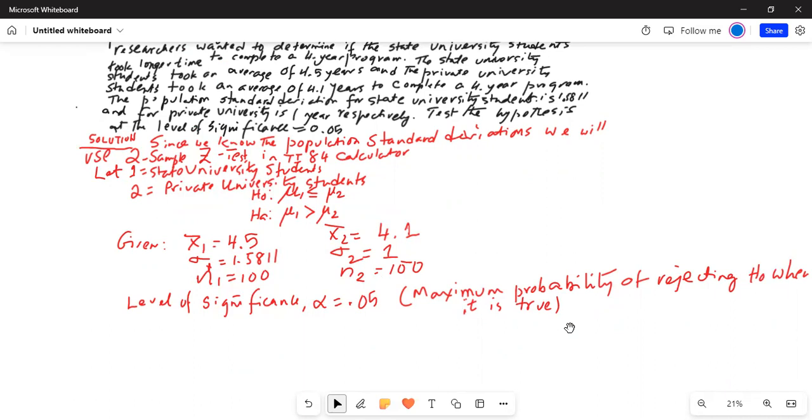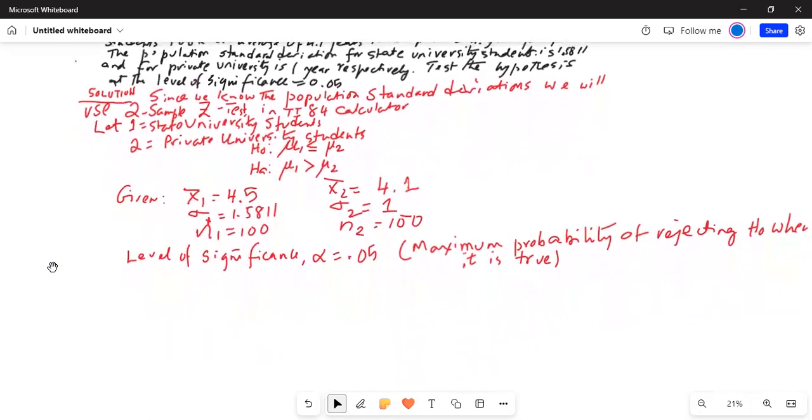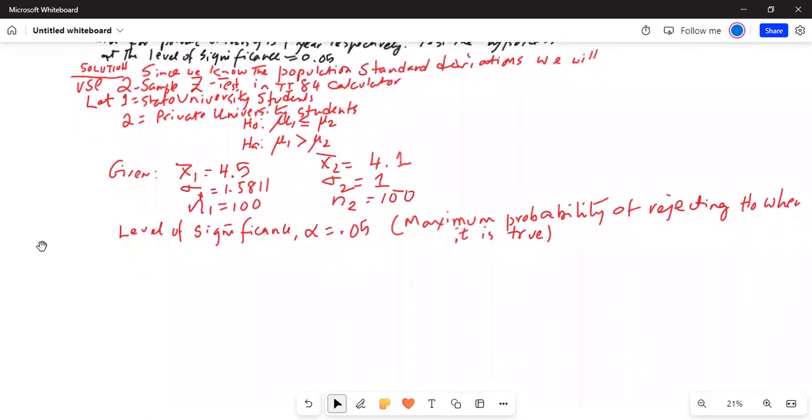So we go to the calculator. What do we do in the calculator? I'll write out the steps. Press the calculator stat button, then highlight test on the top row.